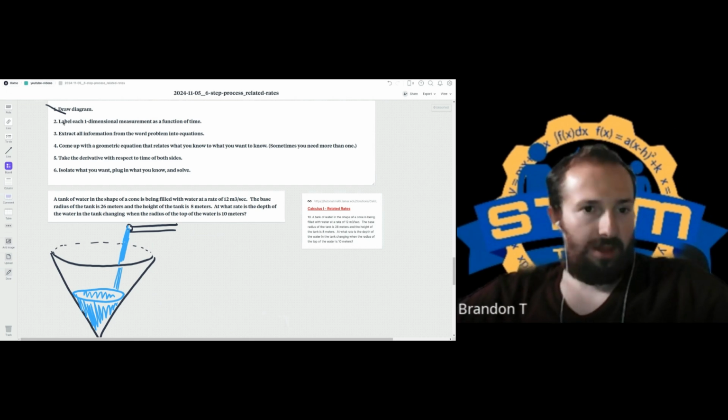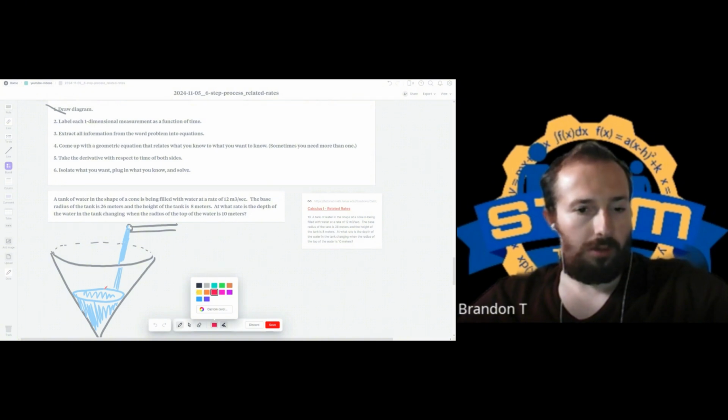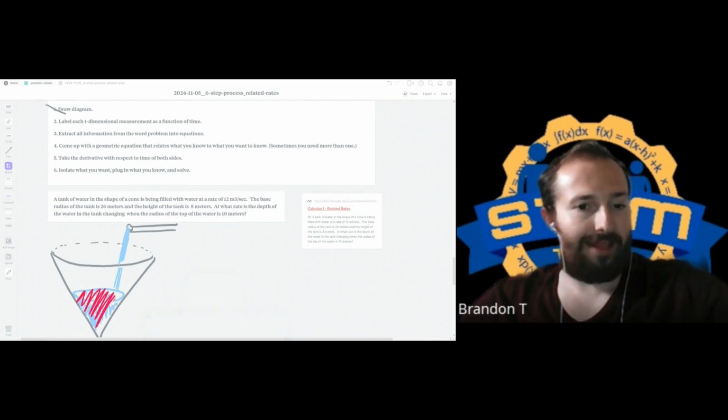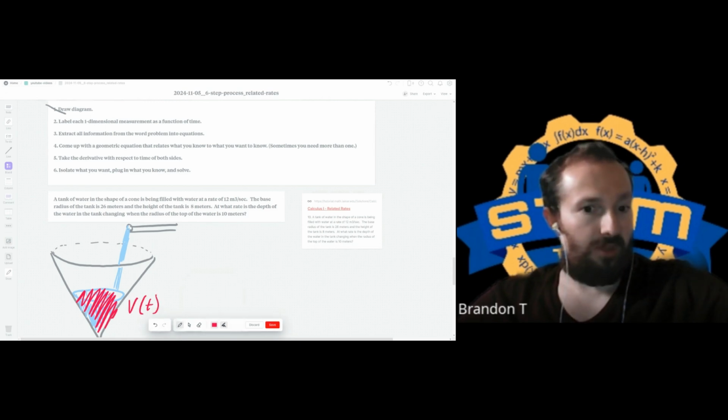The second thing that I like to do is to label each one-dimensional measurement as a function of time. Now, why do I say only one-dimensional measurements? At any point in time in this problem, we could call this entire volume right here the volume of the cone of water, and we could highlight that in a different color and call that V of T. That's the volume of water in the tank.